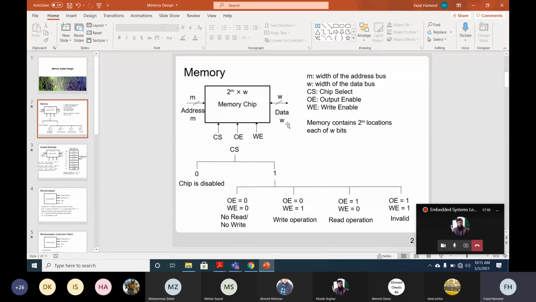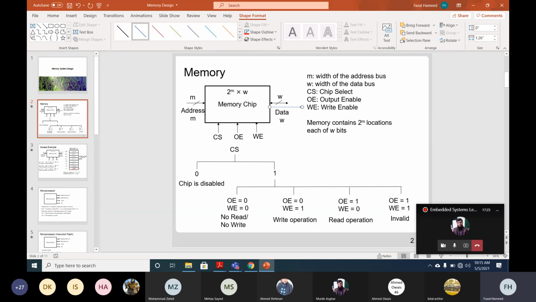Now the third possibility: when OE is 1, the memory will enable its output, and WE is 0, so it is a read operation. The direction of the data will be output from the memory. So the data is bidirectional: you can perform either a read or a write operation.